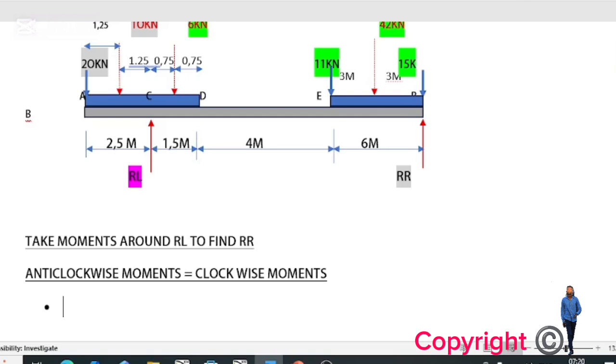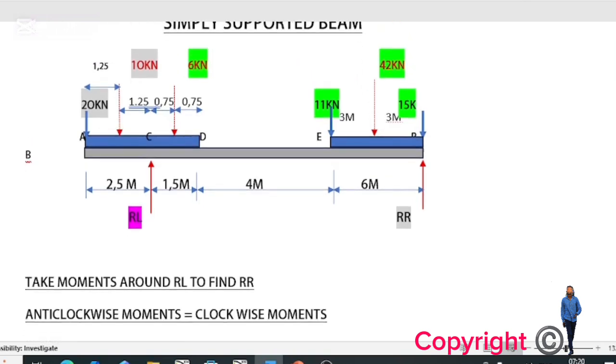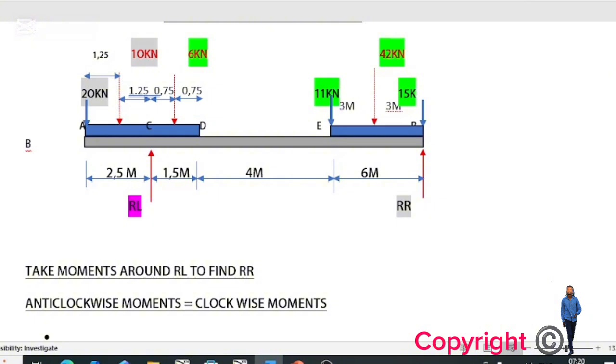We are going to identify those clockwise moments or clockwise forces and anti-clockwise forces. To identify those forces, you must understand the following. All the forces which are on the right hand side of RL are going to be considered as clockwise forces or clockwise moments.